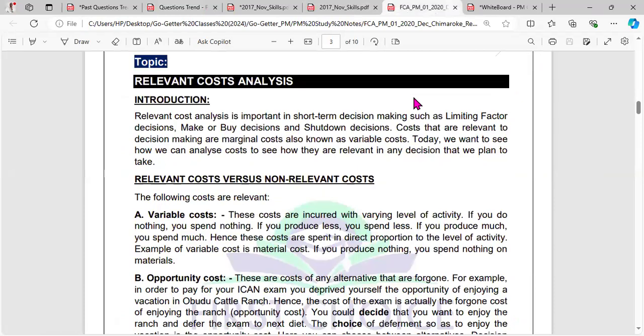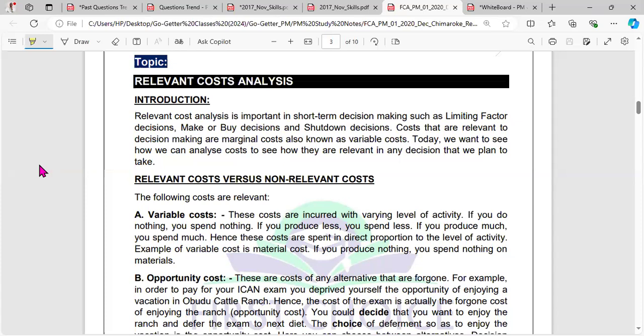Now, what is relevant cost analysis? Relevant cost analysis is important in short-term decision making. We need it in such decisions as limiting factor, make or buy decisions, shut down decisions.